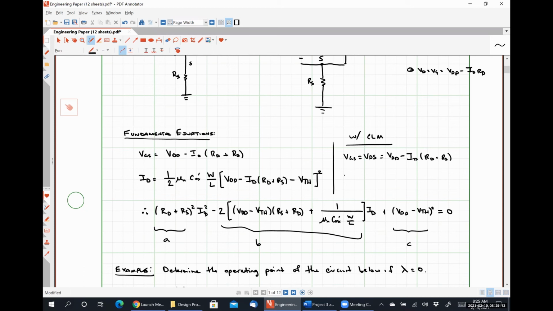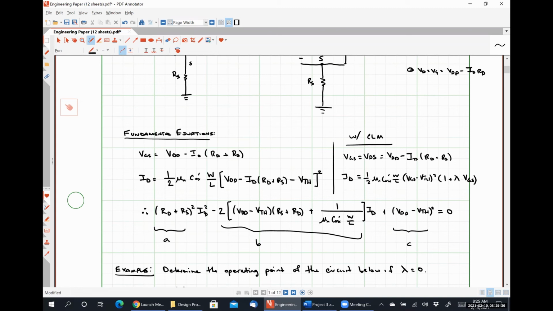Our second equation, ID, will be the exact same thing that we had: 1/2 UN Cox W over L, VGS minus VTH quantity squared, times 1 plus lambda VGS, or VDS, doesn't really matter.